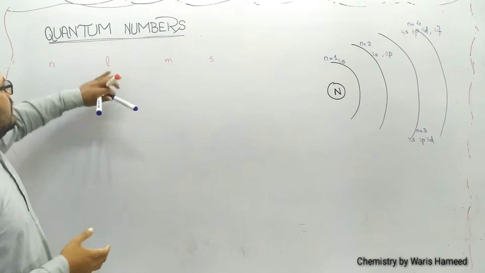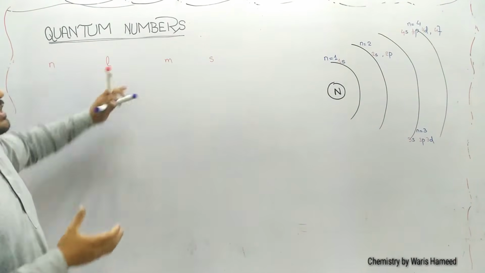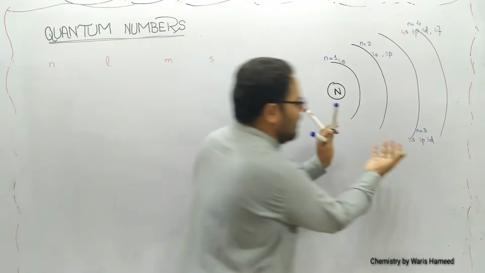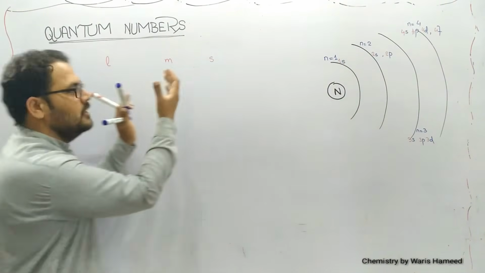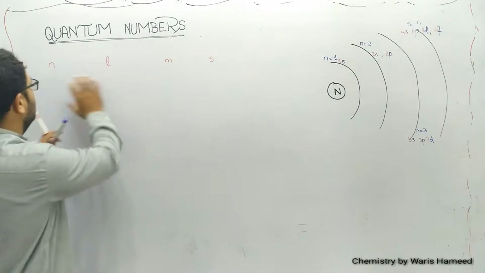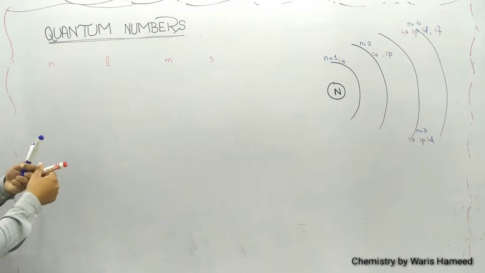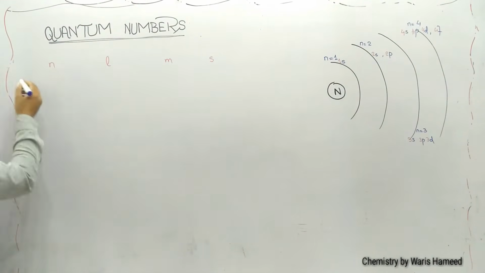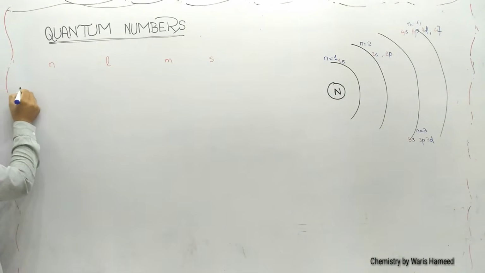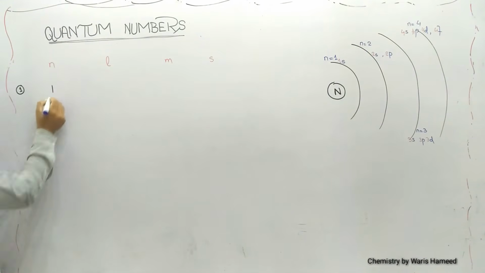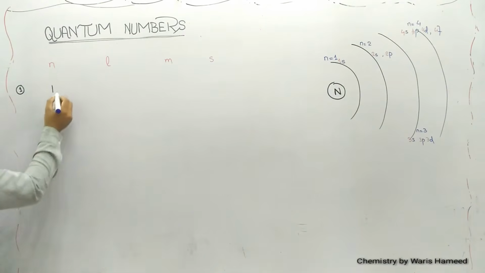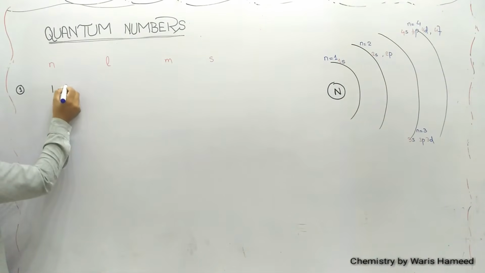Now, I am going to pick all this information in terms of quantum numbers. Here n is equal to 1. If n is equal to 1, then it will be the K shell.